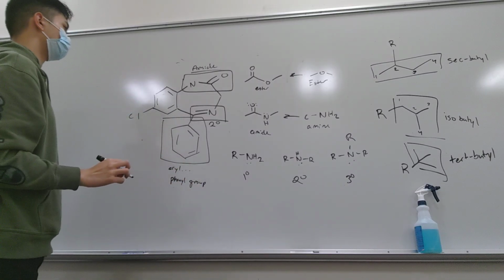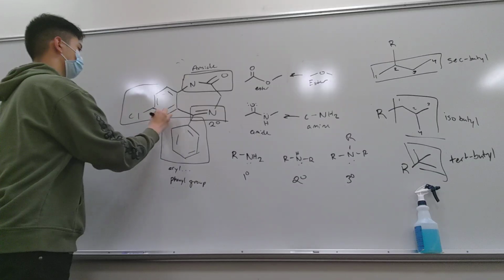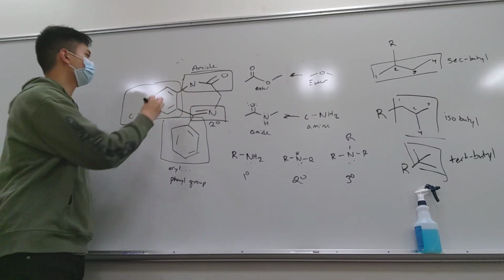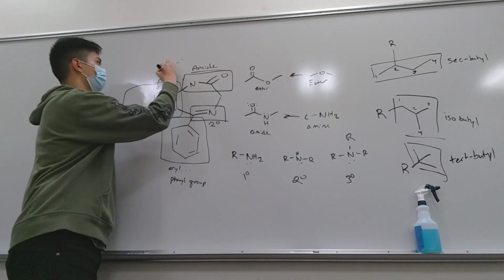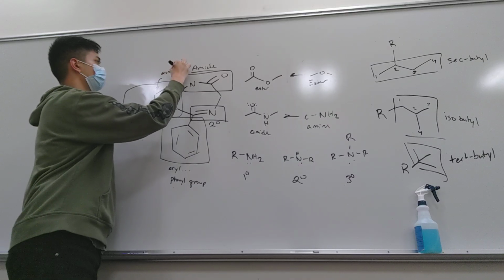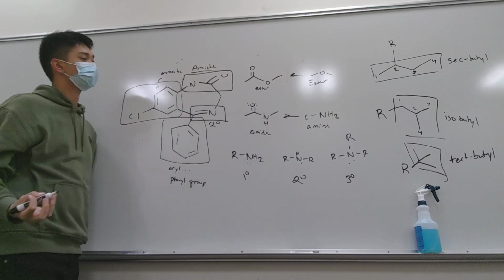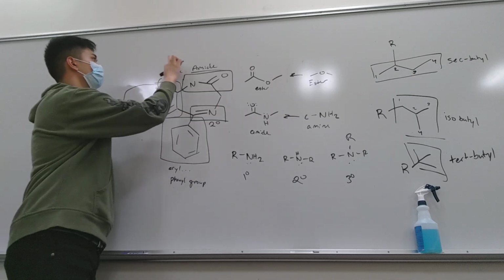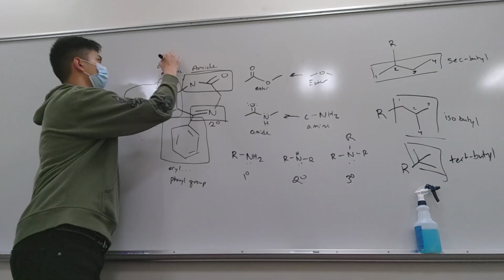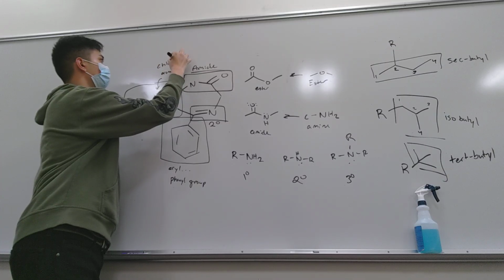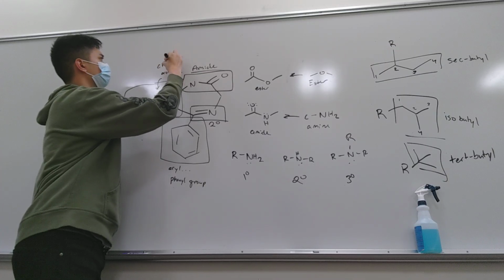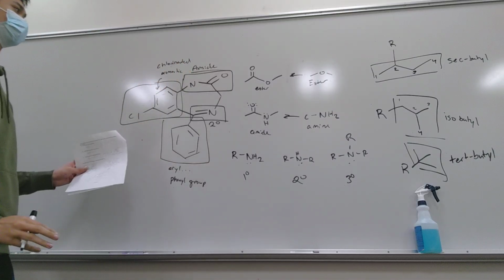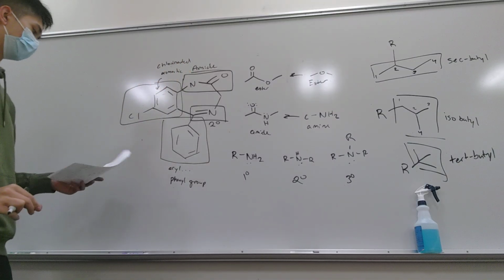This substituent is like an aromatic ring. Aromatic, but specifically because there's a chlorine attached to it, it is chlorinated. A lot of functional groups you can see here, right?